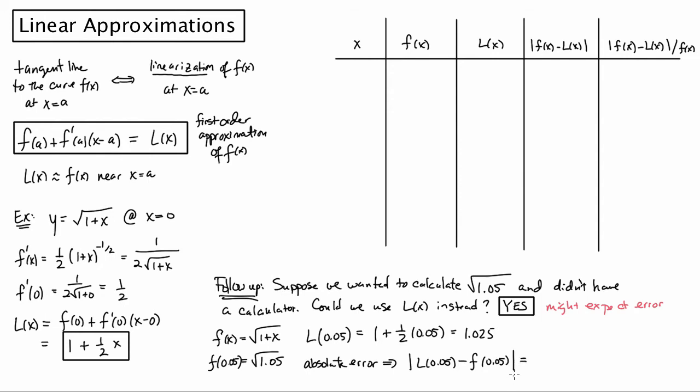So here, the approximation gives us 1.025, and the actual function is the square root of 1.05, which, if you plug into a calculator, is approximately 1.0247. So this is less than or equal to 0.001. In other words, the first place where we make an error is in the third position, and because of that, we have a very small error for this particular problem.